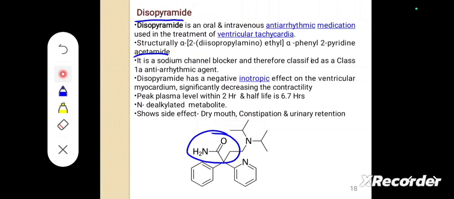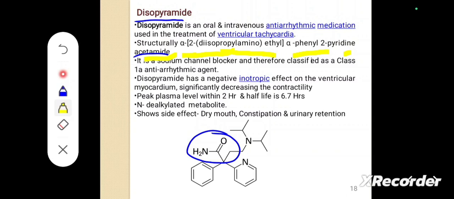The IUPAC name of disopyramide is alpha-2-diisopropylaminoethyl alpha-phenyl pyridine acetamide. Simply remember it as an acetamide derivative.